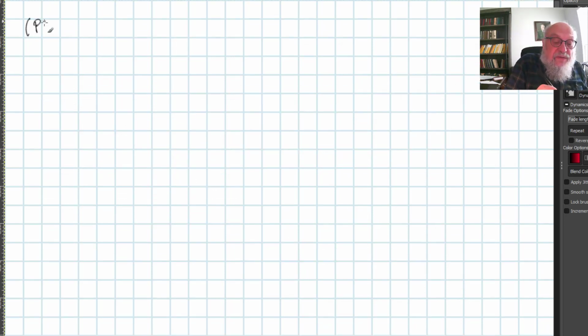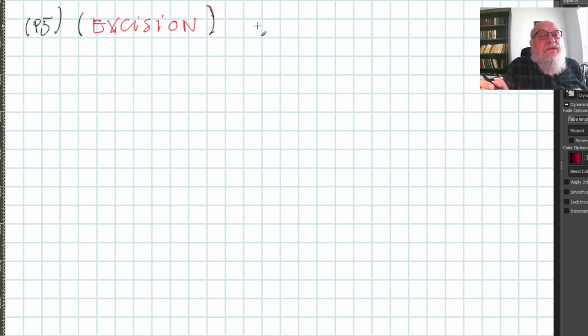The next one, P5, is the so-called excision property. And this is, in a certain way, a simple adaptation of the additivity property to the following statement.